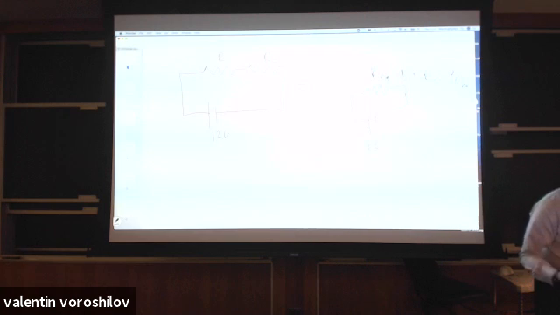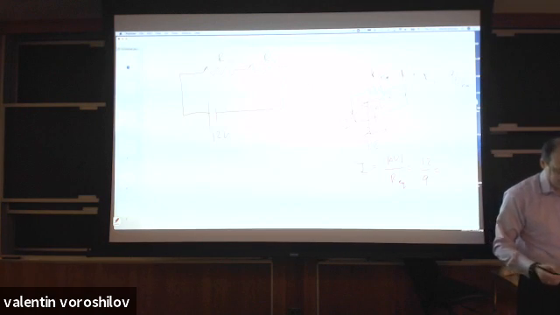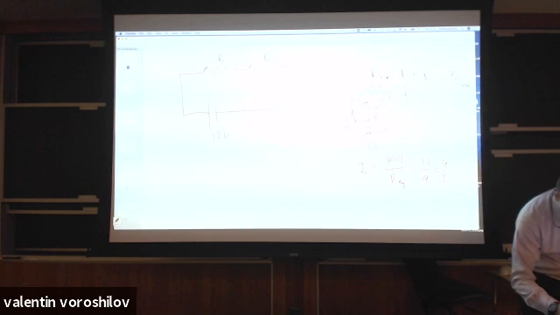So now I can just calculate the electric current immediately. Electric current should be equal to this voltage, delta V, divided by total resistance. This voltage is 12, so 12 over 9, 4 over 3 amps.